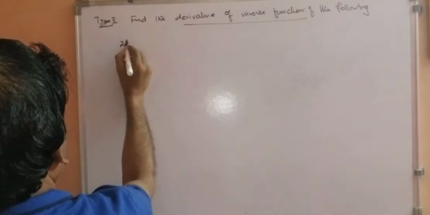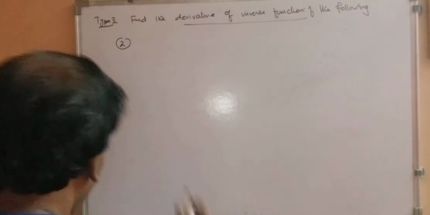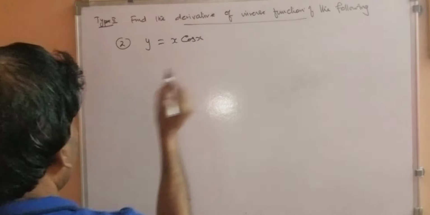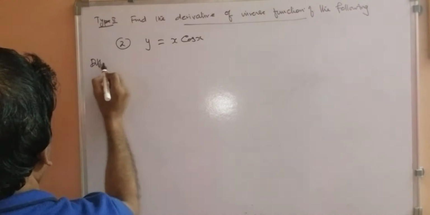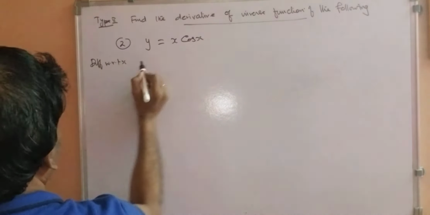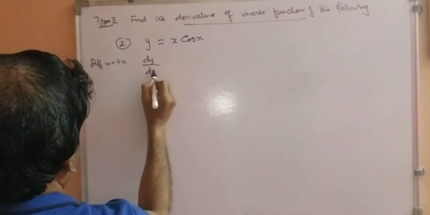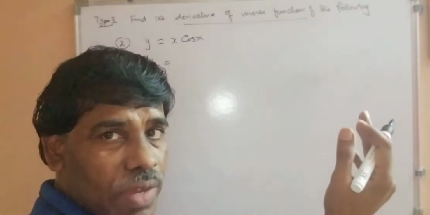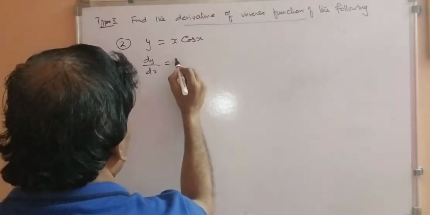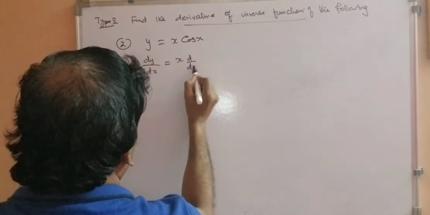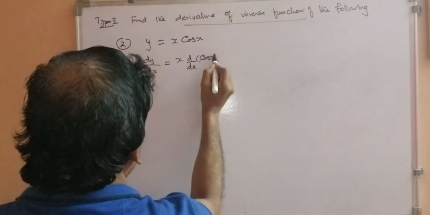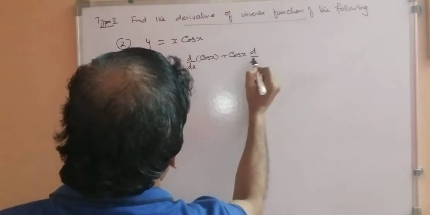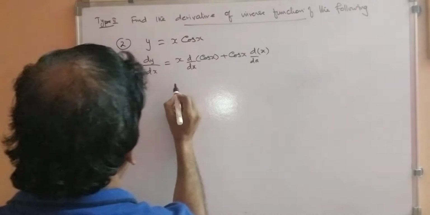See, second sum we will do: y equal to x cos x. Same thing, differentiating with respect to x, what will you get? dy by dx equal to uv formula. Keep u and differentiate v, keep v, differentiate u. So x into derivative of cos x plus cos x, which we kept, into derivative of x with respect to x.